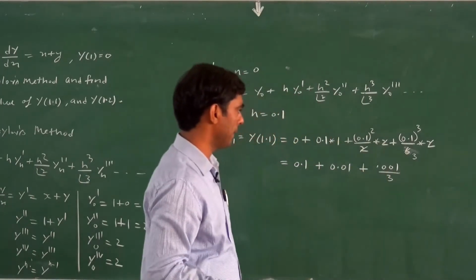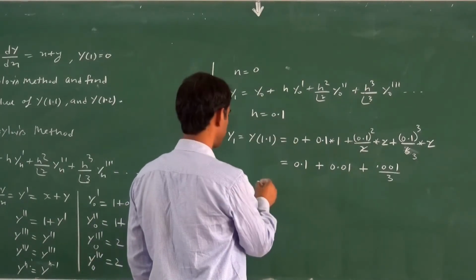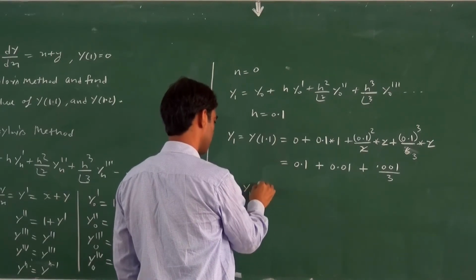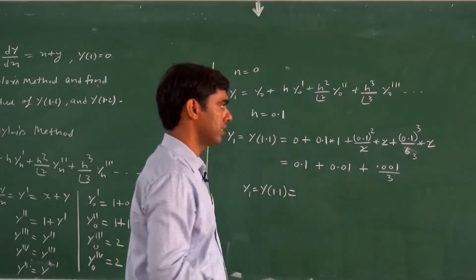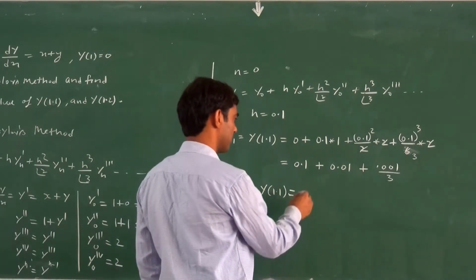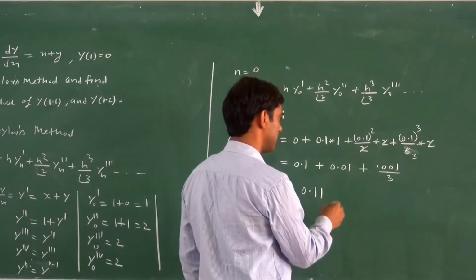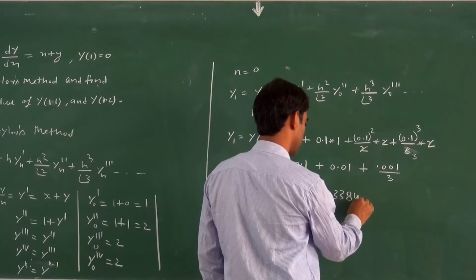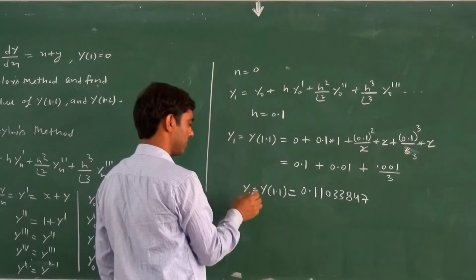If we simplify this expression, what is the value? I have already noted down the value: y1.1 becomes 0.11033847. This is the value of y1.